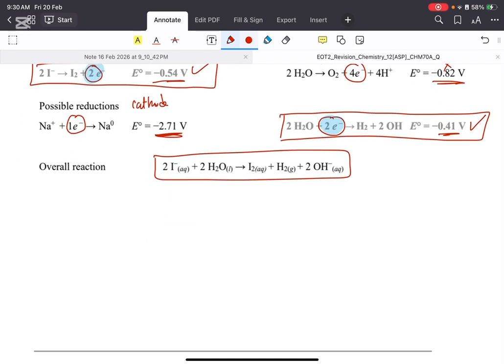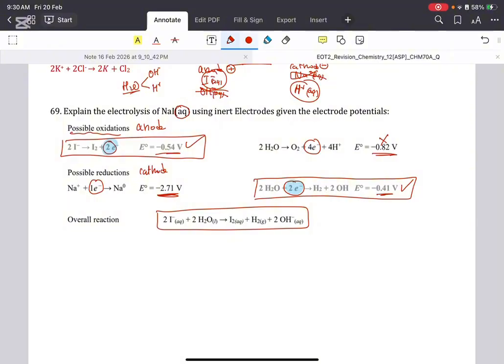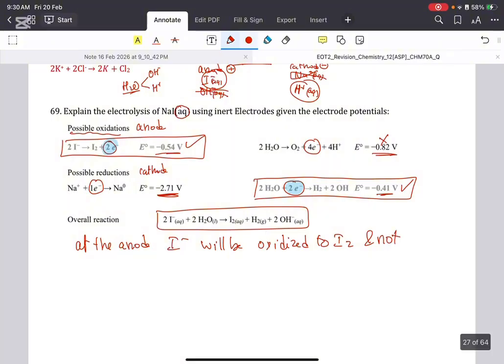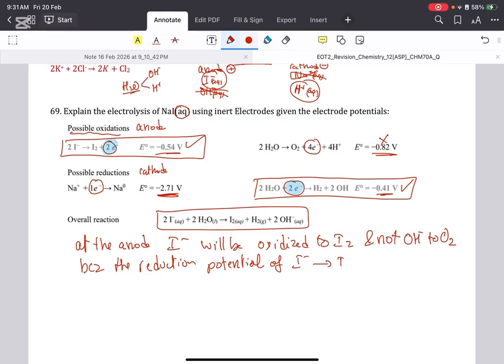I mentioned this explanation already, so now I'm just going to write it. At the anode, I minus will be oxidized to I2 and not OH minus to oxygen gas, because the reduction potential of I minus to I2.